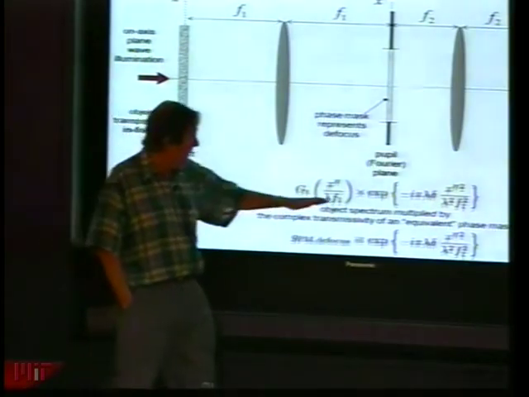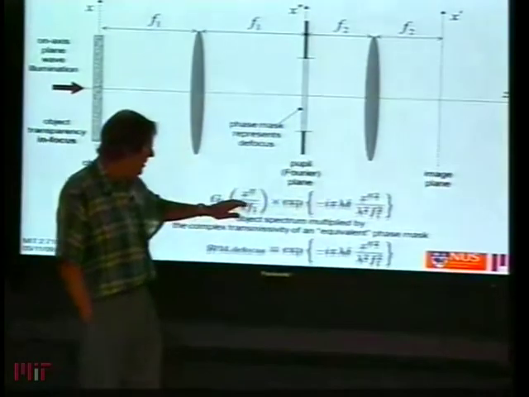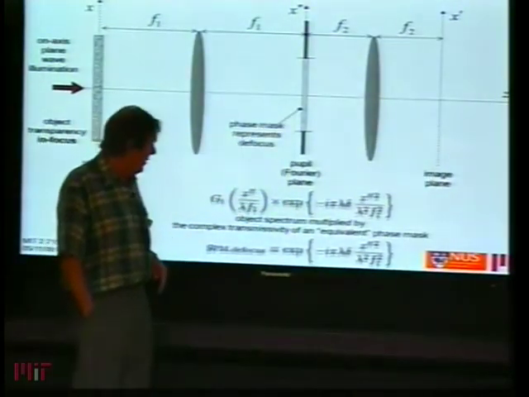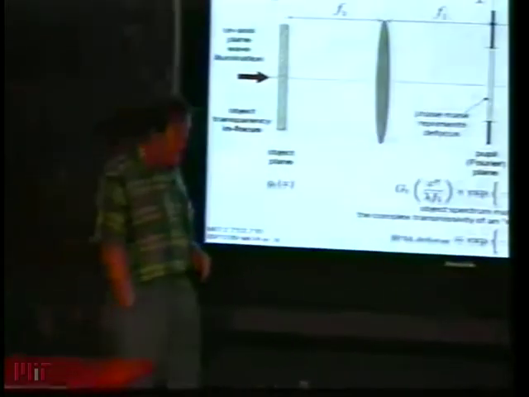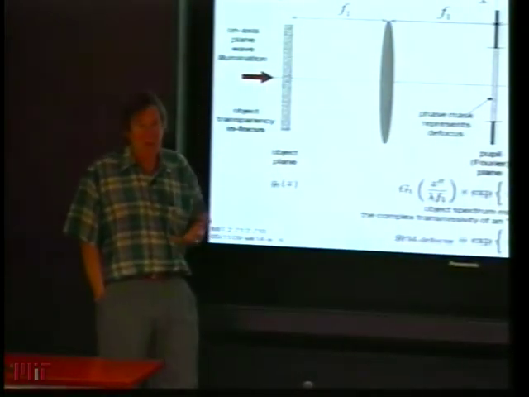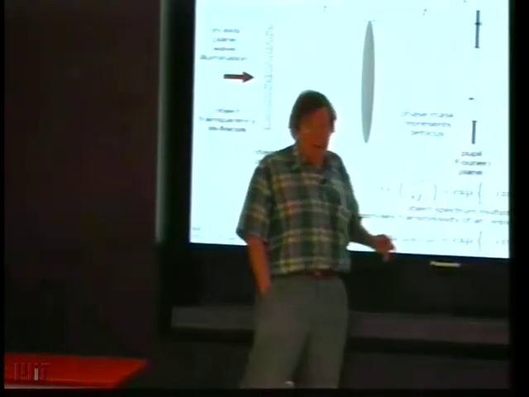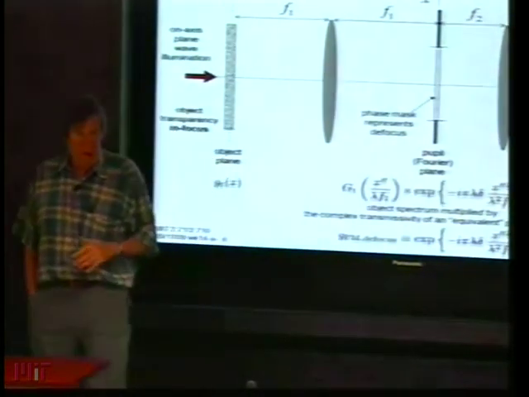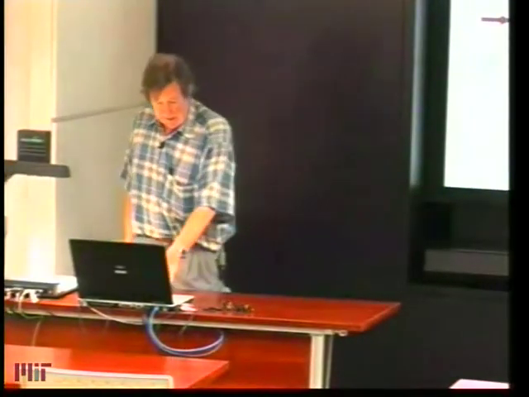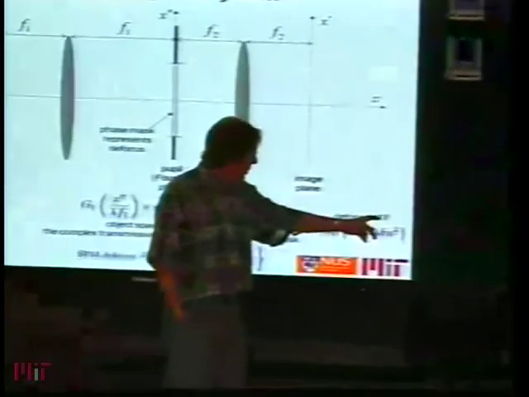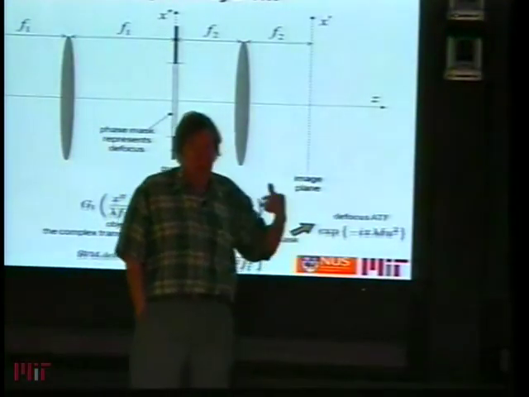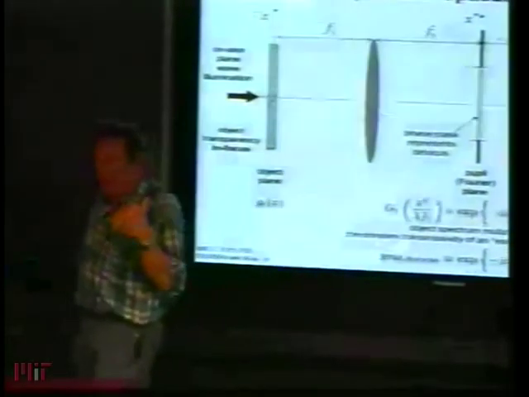So it doesn't matter which one you associate it with. We can think of the object as being the same as if it wasn't defocused, and the pupil function as being modified to take into account the defocus. We sometimes call that the defocus transfer function. So he's now going to calculate that. He calls it here the defocus amplitude transfer function. Remember, this is now dealing with a coherent system.